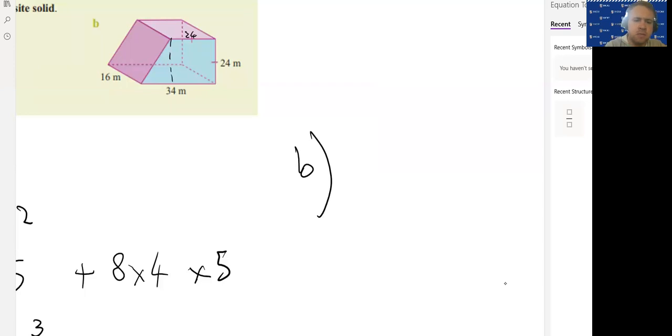So that means this bit here is going to be 10. Okay, so we've got volume 1 and volume 2. It doesn't matter which one you call which. Sorry, volume is what we're doing, not area. So the volume is going to be volume 1 plus volume 2.